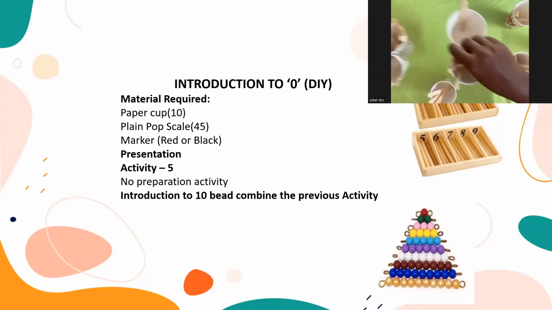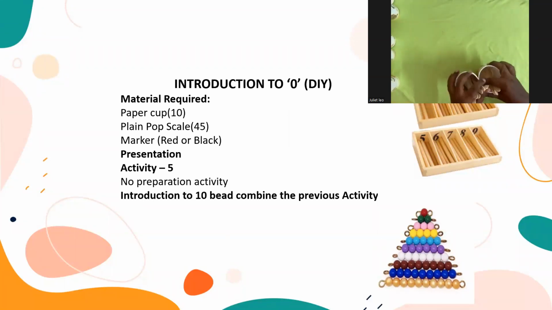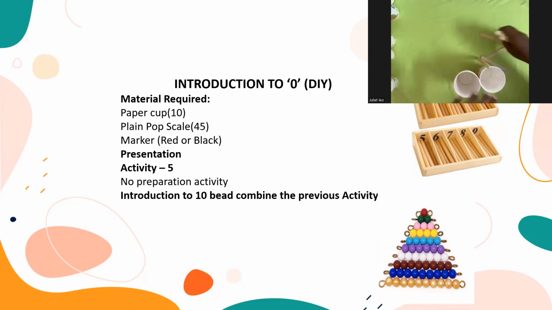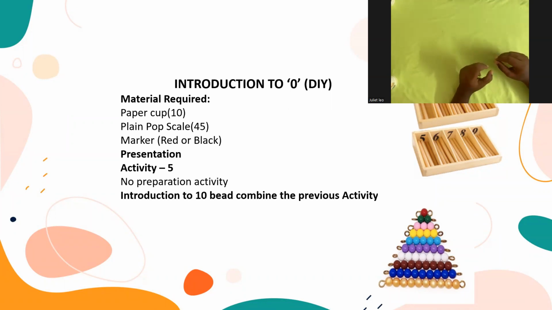Once the child knows the concept of 0, we can give a simple physical activity. Let me explain. Suppose we say to our child, if I show the number 3, you need to jump 3 times.